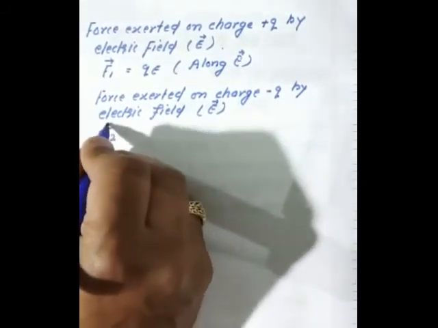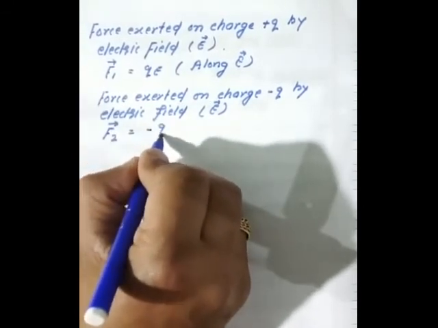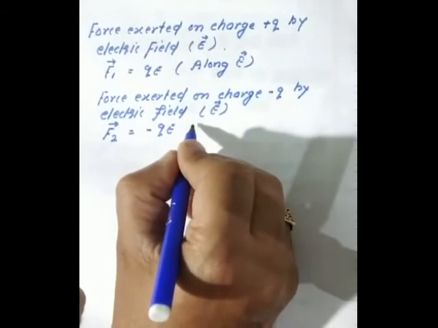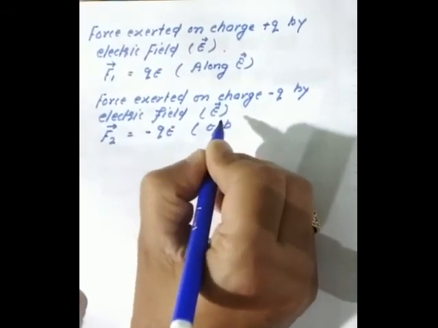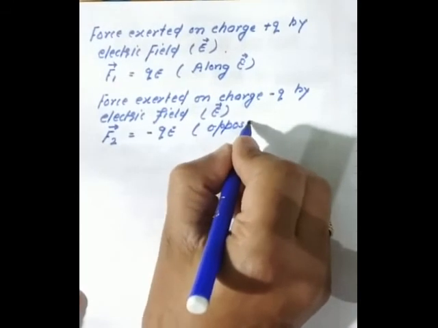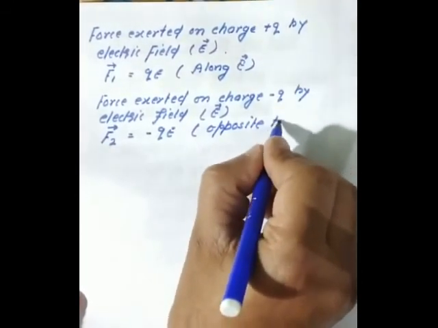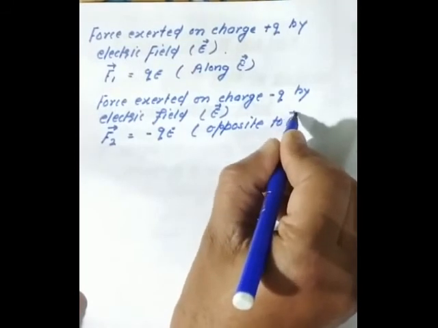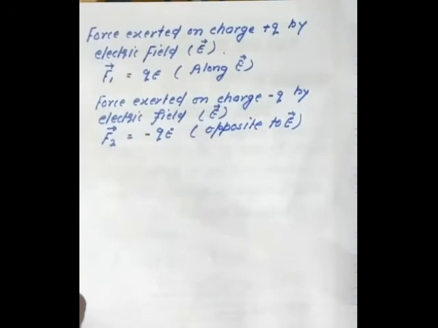F2 equals negative QE, opposite to the electric field. So the total force will be F1 plus F2.